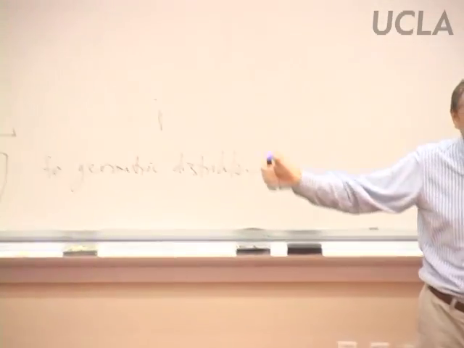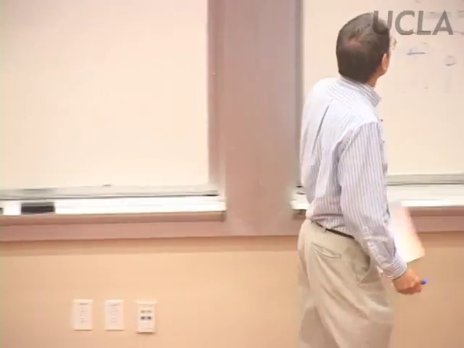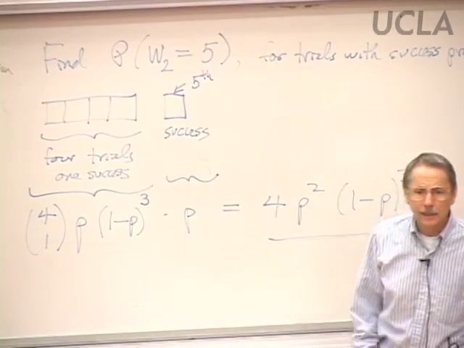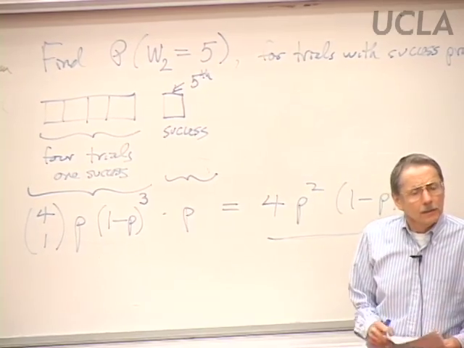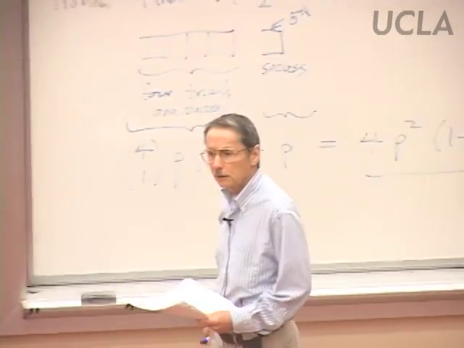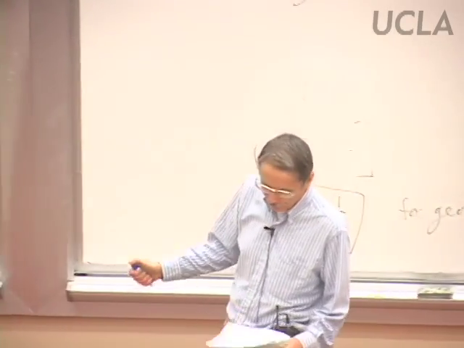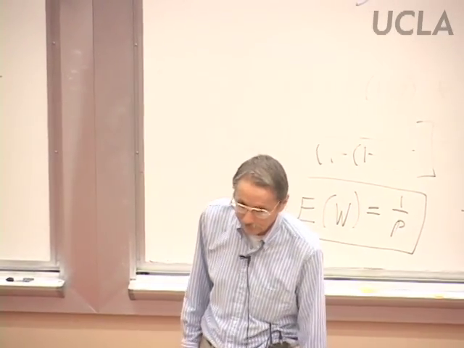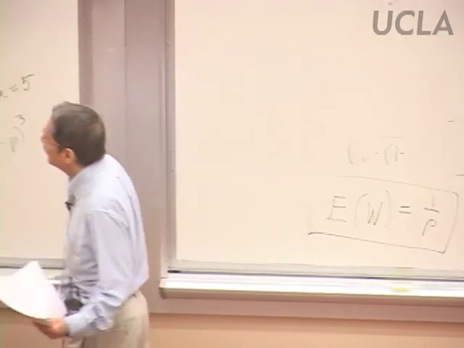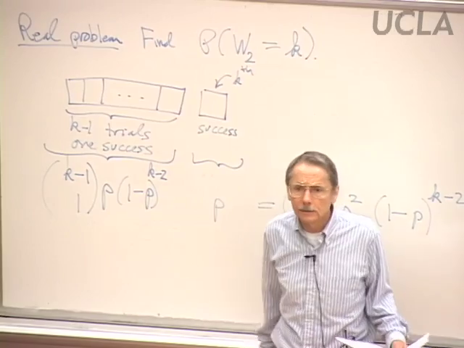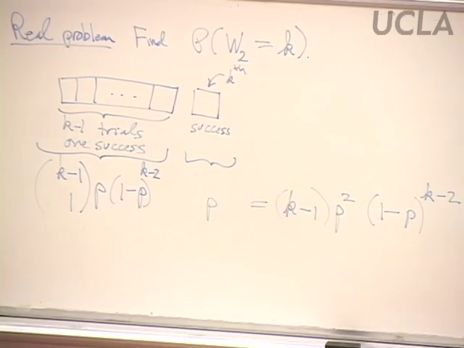Well, I don't want to spoil the fun because you're going to do this, but I recommend doing it by the same method. How could you get the 3rd success on the kth trial? Yeah, we can draw a picture of that event and calculate its probability.